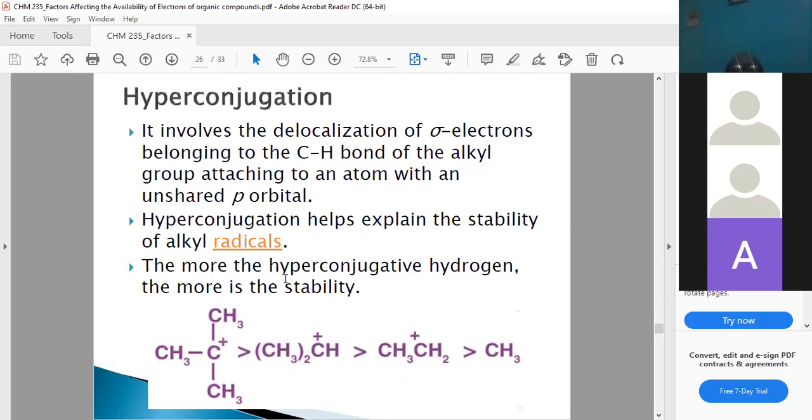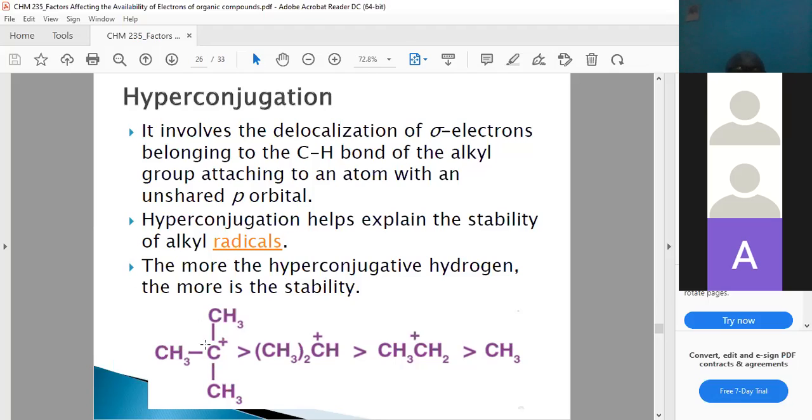It involves the delocalization of sigma electrons belonging to the carbon-hydrogen bond of the alkyl group attached to an atom with an unshared p orbital. And hyperconjugation helps explain the stability of alkyl radicals. And the example given here is that of a carbocation. The more the hyperconjugative hydrogens, the more is the stability.